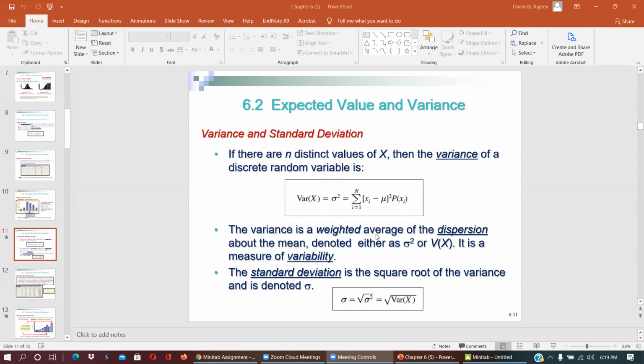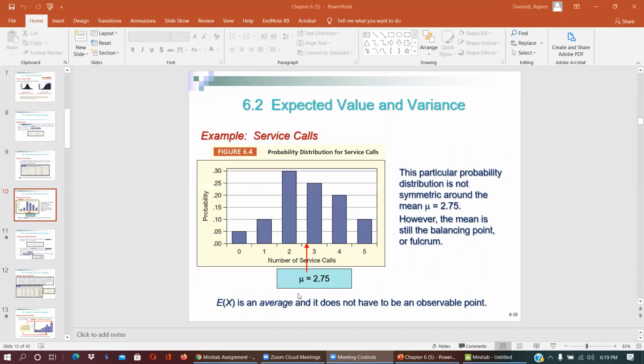Variance and standard deviation, like we studied in chapter 4, so you just understand the meaning of standard deviation and variance, and this is expected value or mu.